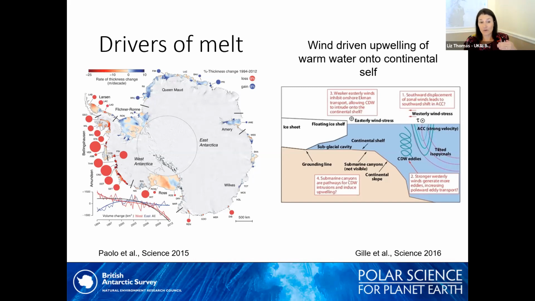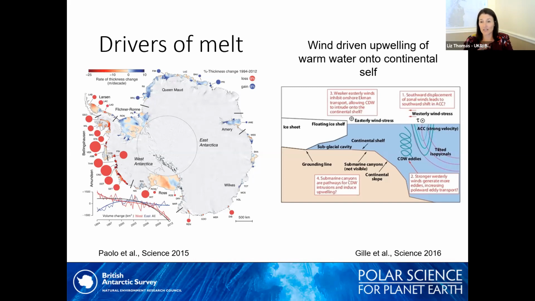We've got this increase in relatively warm circumpolar deep water that comes up onto the continental shelf. The process by which this has been happening has in many ways been attributed to changes in the winds. Some of the ideas for how the winds are related include a southward displacement, a shift as the winds get closer to the continent, although my understanding is that that's still quite difficult to see in the instrumental records.